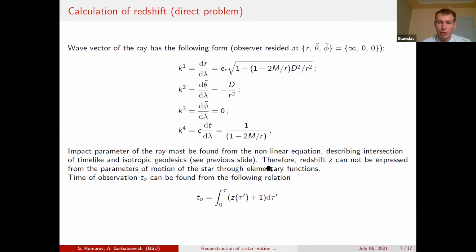This can be calculated through an integral, and by using this formula, it is possible, through observational data, to obtain a graph of redshift as a function of proper time. Not only as a function of the observer's time, but also as a function of the proper time of the source.